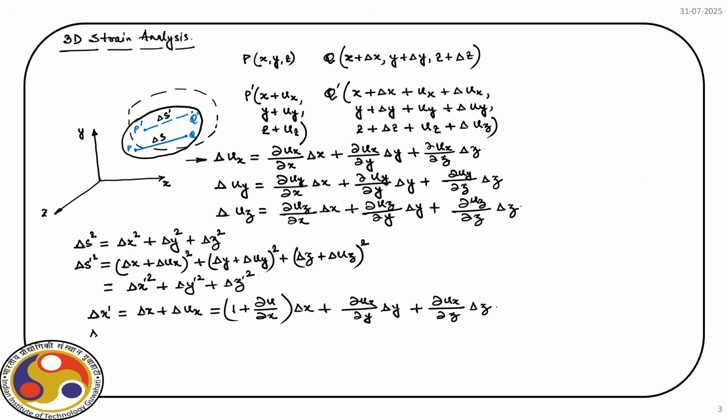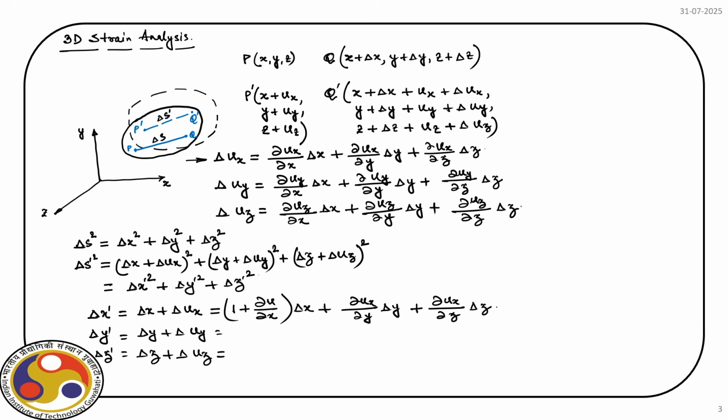And similarly, we can also write down all three quantities, right. So, this will be delta y plus delta uy, then delta z plus delta uz.